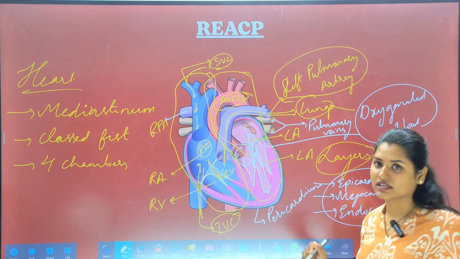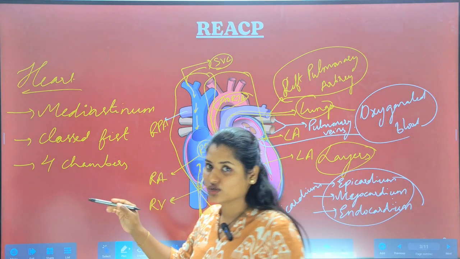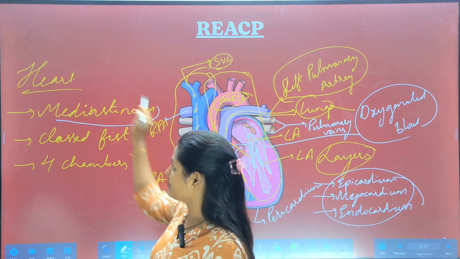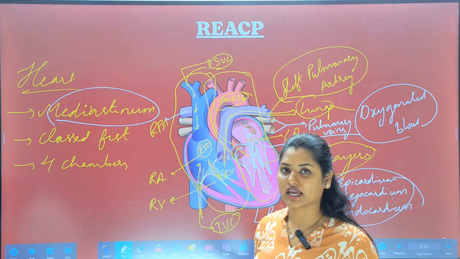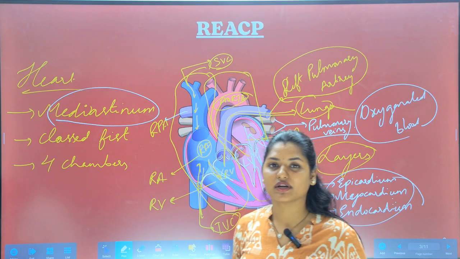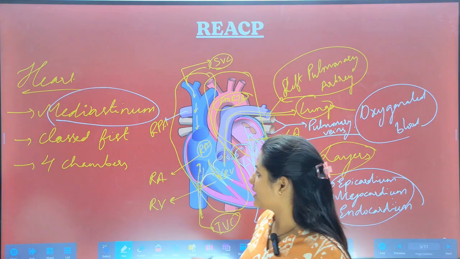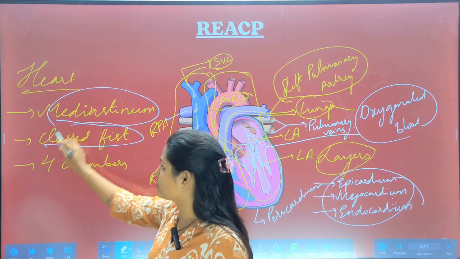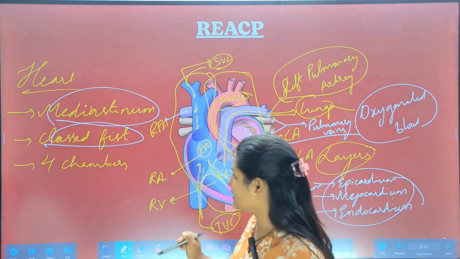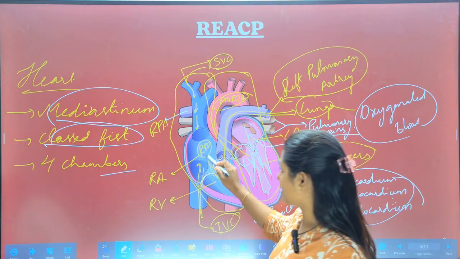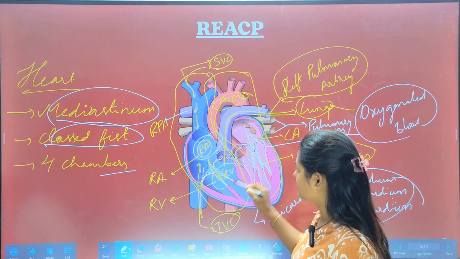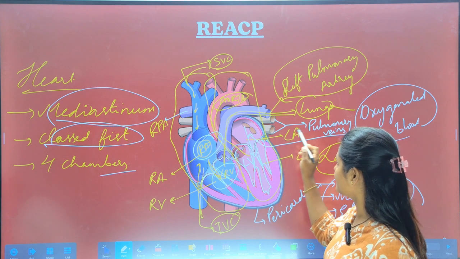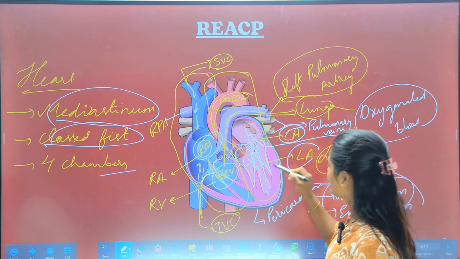So once again I will repeat. The heart is located at the mediastinum, and coming to size, it weighs approximately 250 to 350 grams, and it looks like a closed fist like this. And next it has four chambers: right atrium, right ventricle, left atrium, and left ventricle.